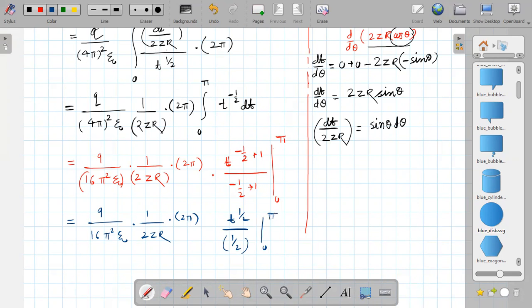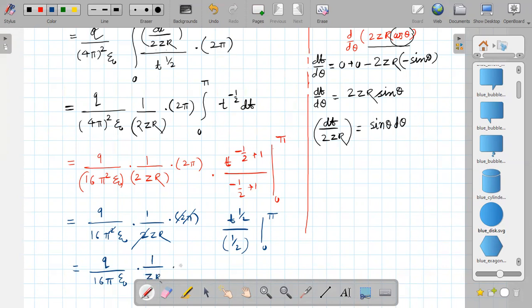Here we can cancel 2 with 2, and pi with pi. Therefore rewriting, this equation can be written as q upon 16 pi epsilon 0 into 1 upon zr.